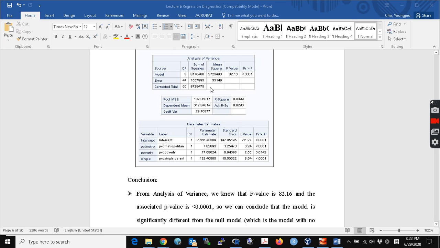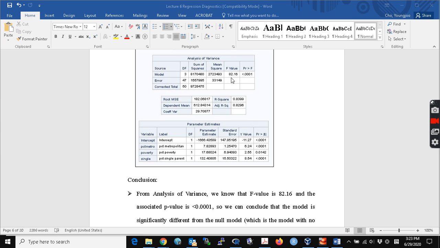So the first one is analysis of variance. So this has the sum of squares model, sum of squares error, and sum of squares total. And then there are mean square from regression and mean square due to error. And we have the F value, the mean square of the regression divided by the mean square of error.